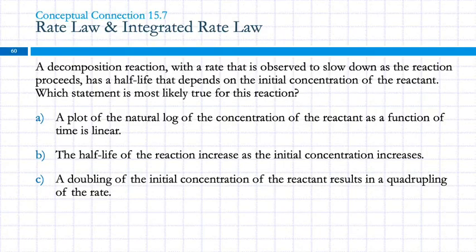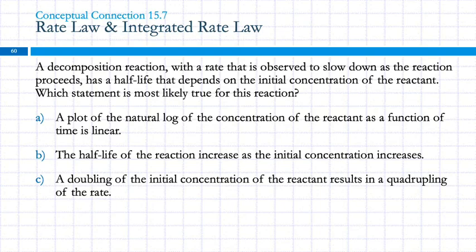This one's conceptual. A decomposition reaction with a rate that is observed to slow down as the reaction proceeds has a half-life that depends on the initial concentration of the reactant. Which statement is most likely true for this reaction? Before we look at the choices, it says the half-life depends on the concentration.